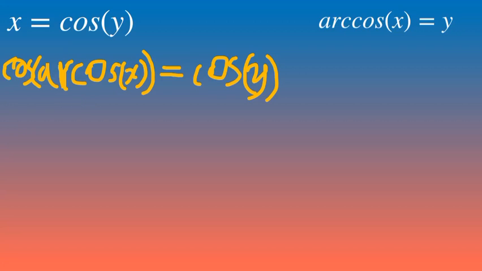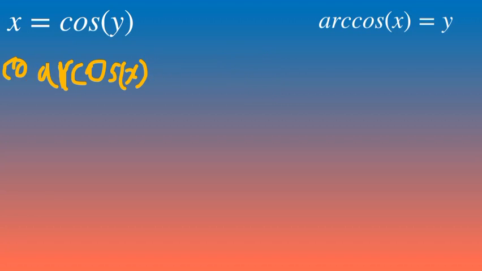What is the angle that when you input it into cosine, you get x, which is your input to arc cosine? Missed the C over there. But yeah, that's how it works. You get what I'm saying?